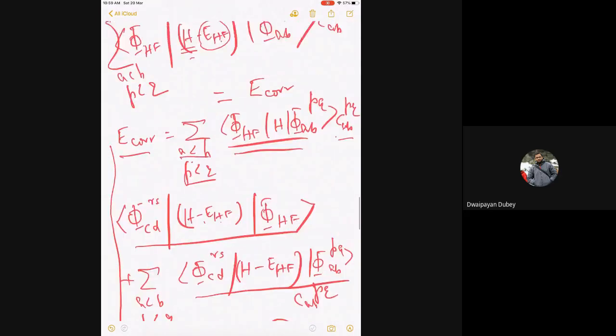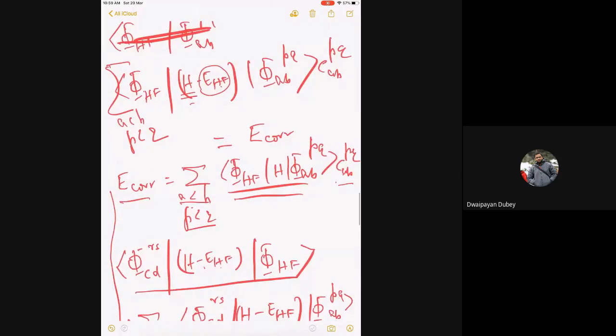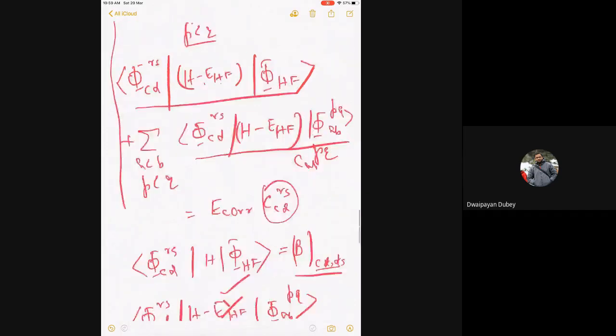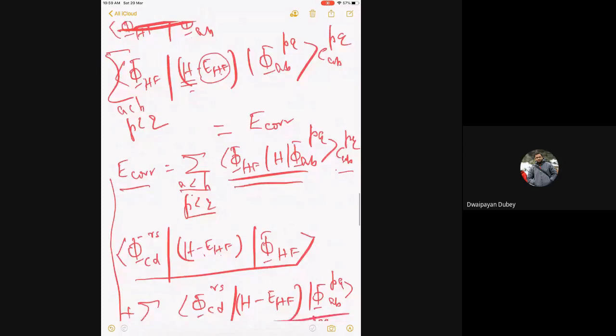Is it clear? Because I told you that in a linear variation, the method of projection is also a valid means of getting a variational equation. If you directly vary the linear variation, you will anyway get a matrix eigenvalue equation. Okay? But by projection, you can get the same equation.